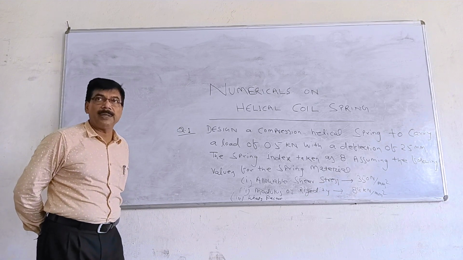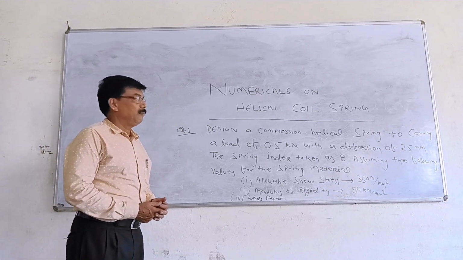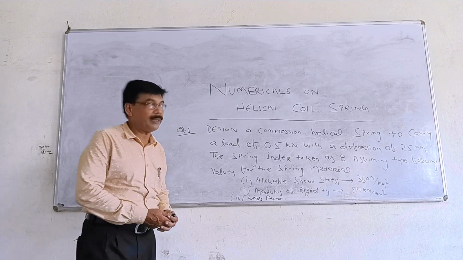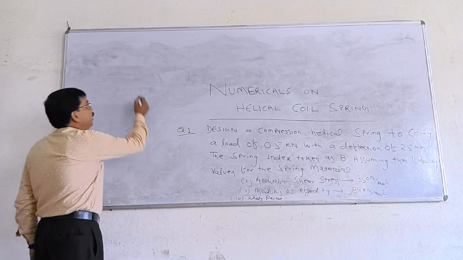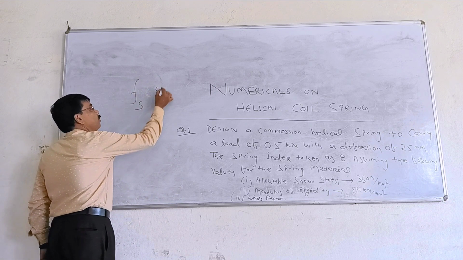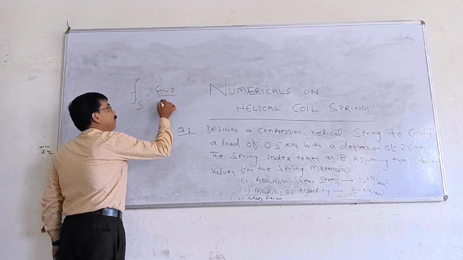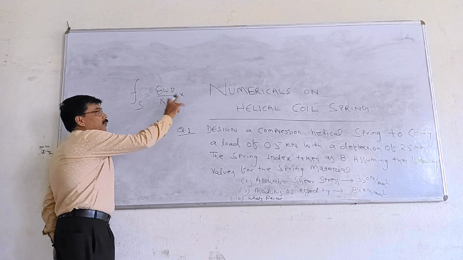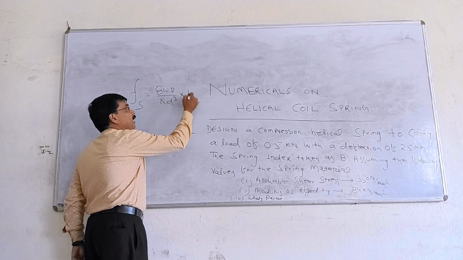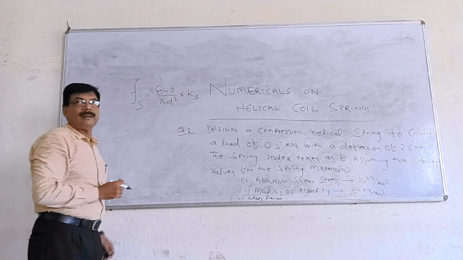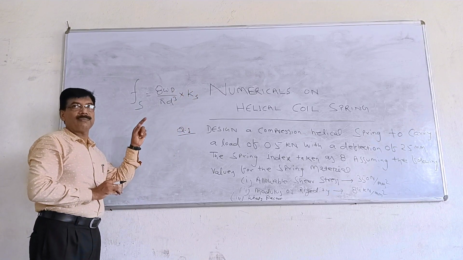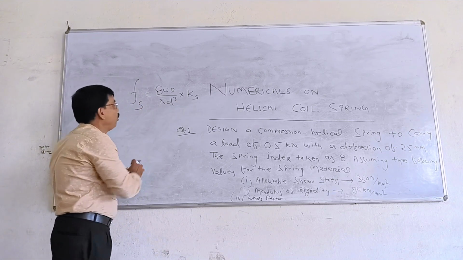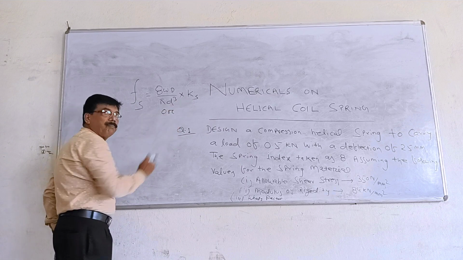In the last class, in theory, we discussed the maximum shear stress value, that is Fs equal to 8 W D by pi d cube, into a parameter we have to multiply, that is either Ks, as I have already discussed, or simply K in place of Ks.